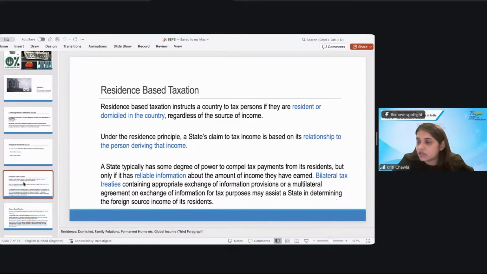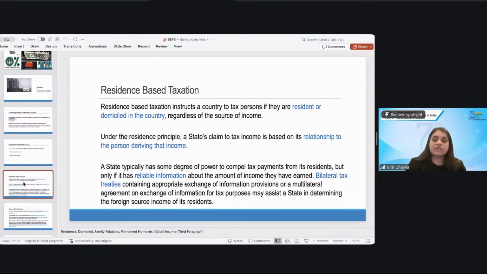This is the reason they say that residence-based taxation instructs a country to tax a person if they are resident or domiciled in that country, regardless of the source of income.